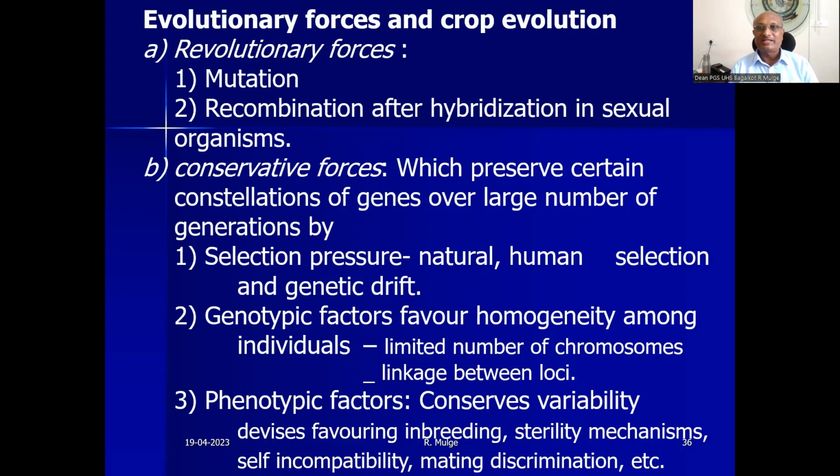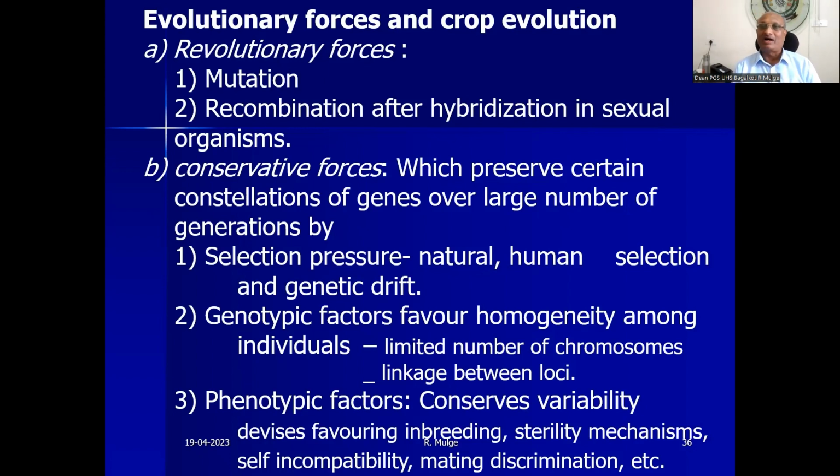If it is homozygous, self-pollinated, it doesn't create the variability. The cross-pollinated crops can sustain because of hybridization, natural hybridization, panmixia, open pollination. Then more variation is created, and that will have the answer for this changing environment. It can survive through different types of genotypes.